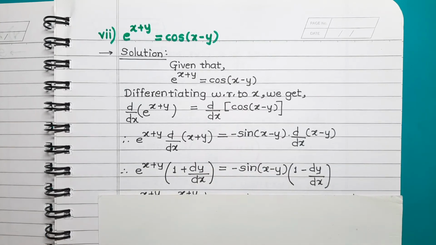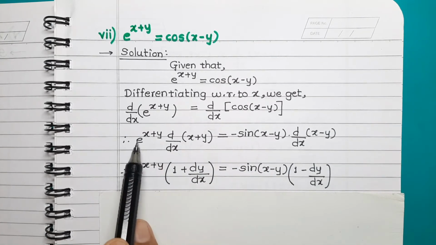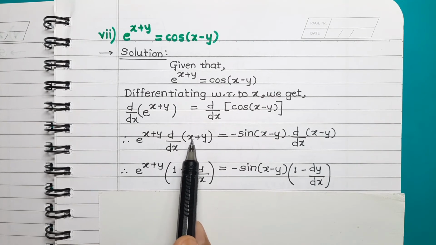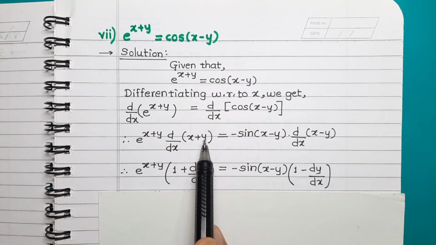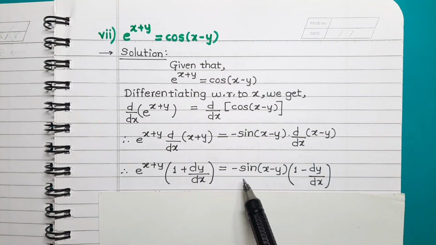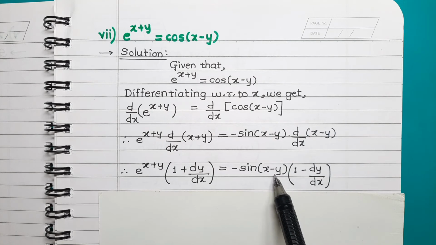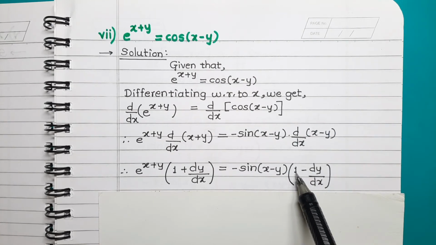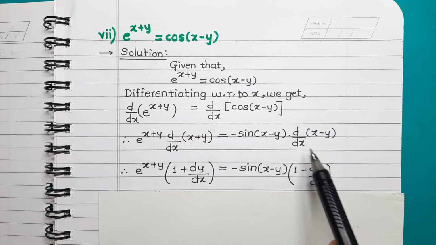So in the next step, see this term e raised to x plus y as it is into derivative of x is 1 and derivative of y with respect to x is dy by dx is equal to minus sine of x minus y into derivative of x is 1 and derivative of y with respect to x is dy by dx.